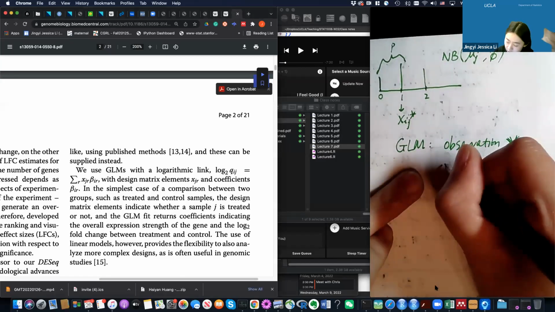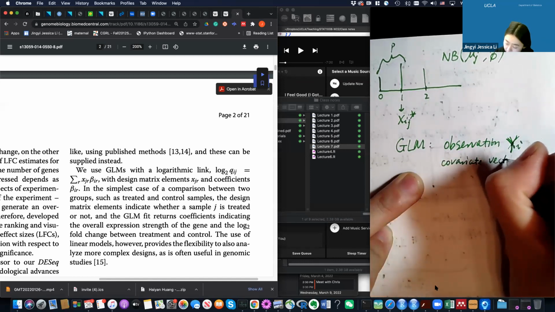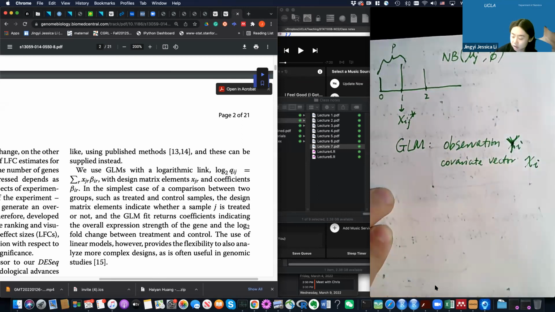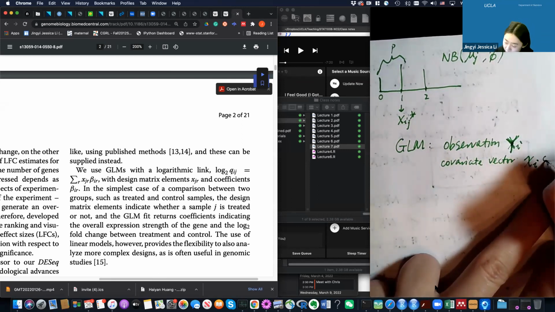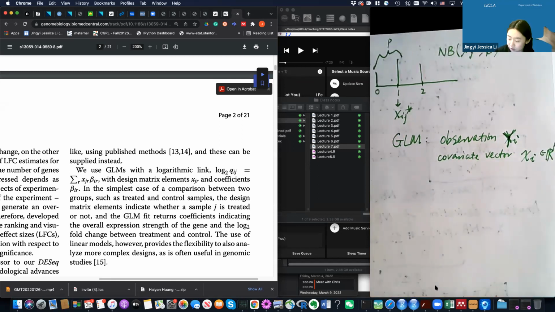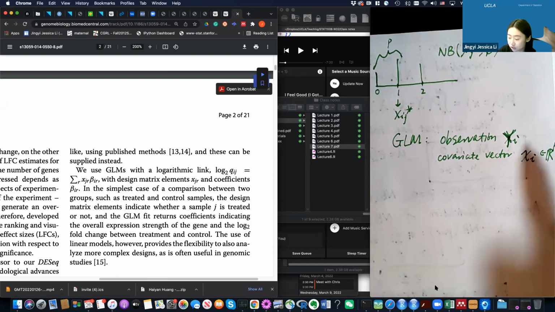I call this the covariate vector, small case xi. Sometimes this can be multivariate, so I call it p-dimensional. So for example, let me say this is the count of the ith gene. And this gene has some characteristics, for example, the length, the GC content, those kinds of useful characteristics that may affect its count.